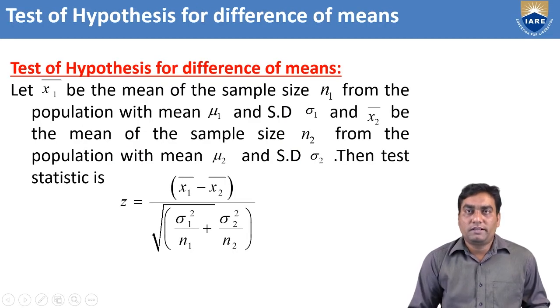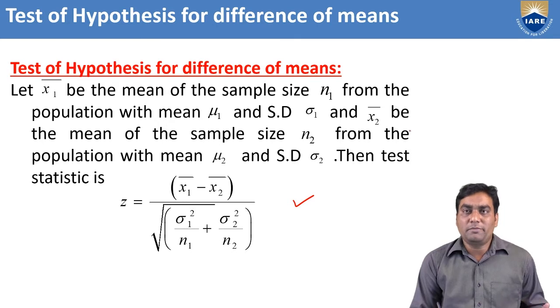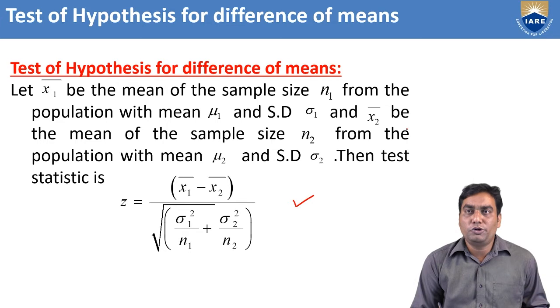Now the test of hypothesis for difference of means formula. See, the difference between difference of means and single mean is, there we have only one sample, but here we are going to take two samples with the sizes n1 and n2 with the means x1 bar and x2 bar.